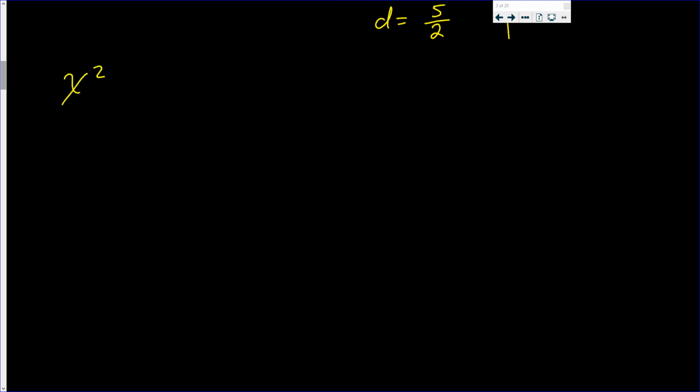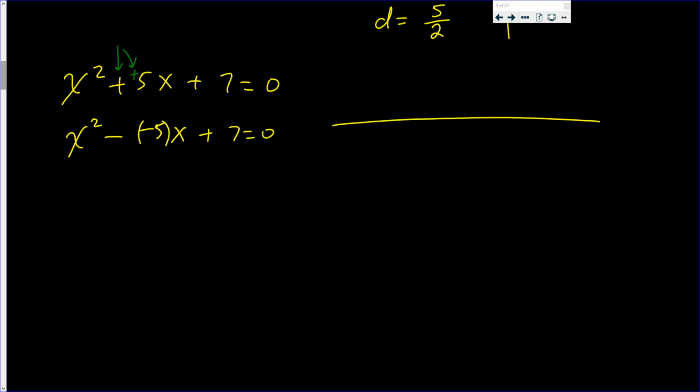Suppose you have x squared plus 5x plus 7 equals 0. First, understand that that 5 is understood to be positive. And understand that you can change addition to subtraction as long as you change the sign of the second number. So you get x squared minus negative 5x plus 7 equals 0. So the midpoint will be negative 5 over 2.